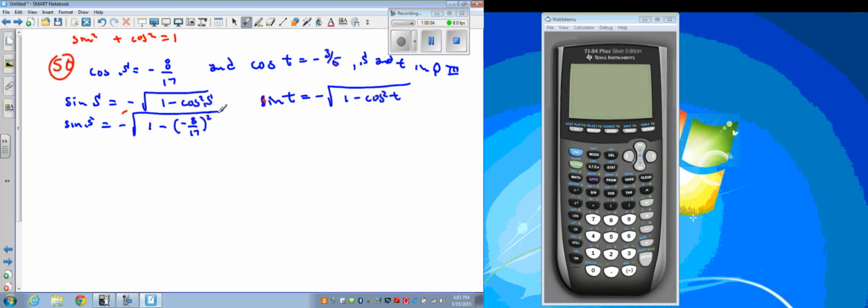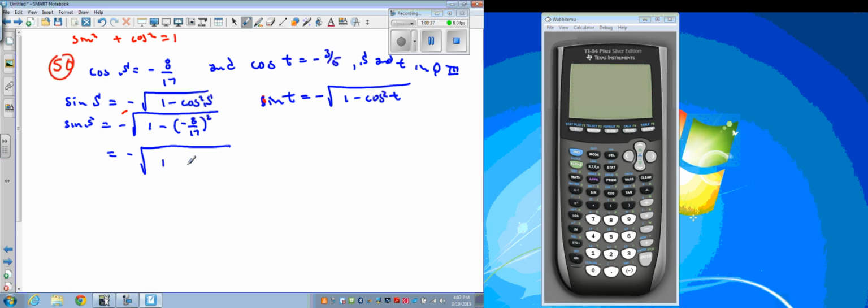Now, what you want to do is leave this so that you have that 17 in the denominator. So I'm going to have to go 17 squared is the denominator, isn't it?